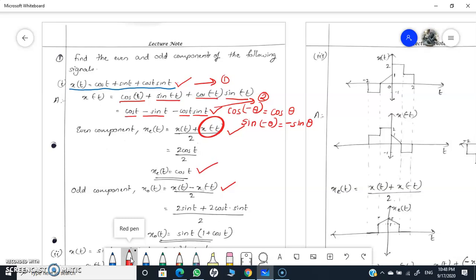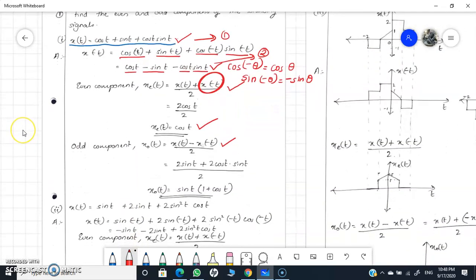In the same way, applying the equation for xo of t, I need to take the difference of x of t and x of minus t. That means I need to take the difference between equation number 1 and equation number 2.